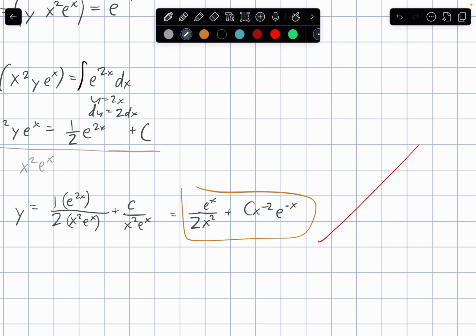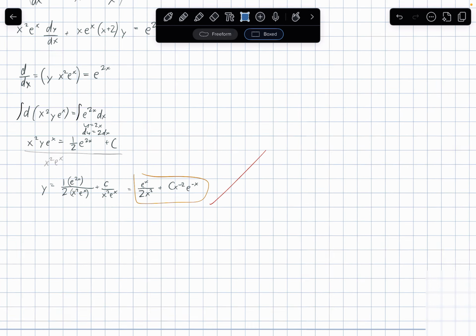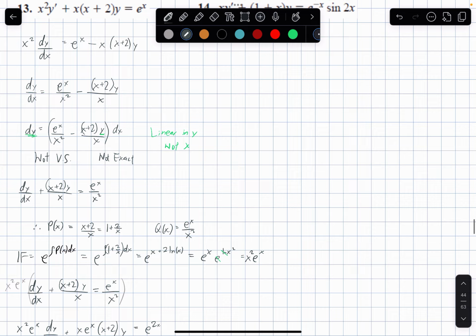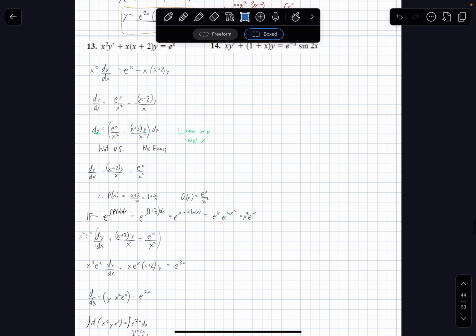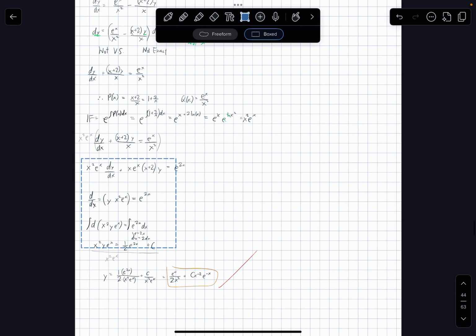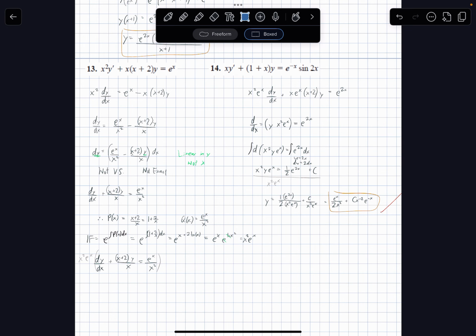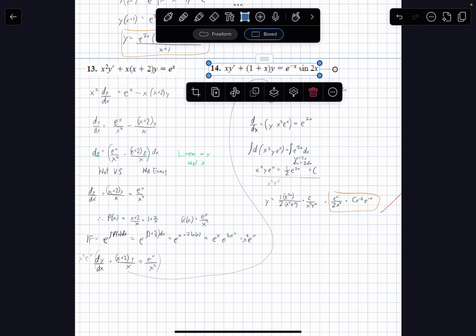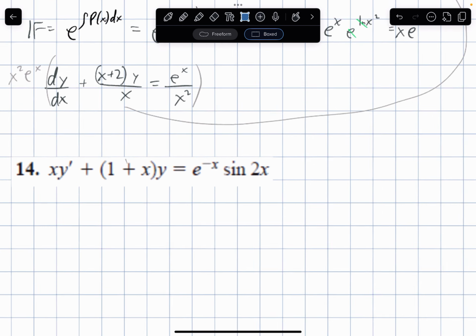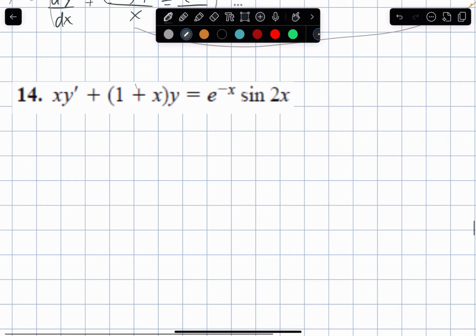So this example was easier compared to 12. Let's now answer number 14. So x dy over dx plus 1 plus x times y.